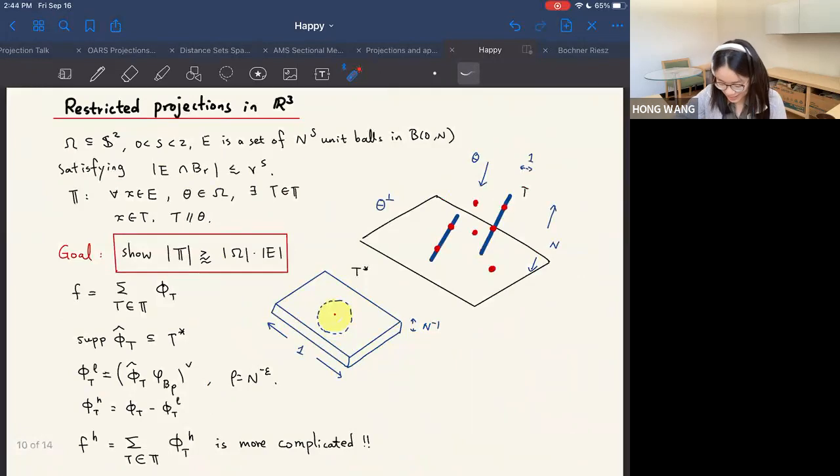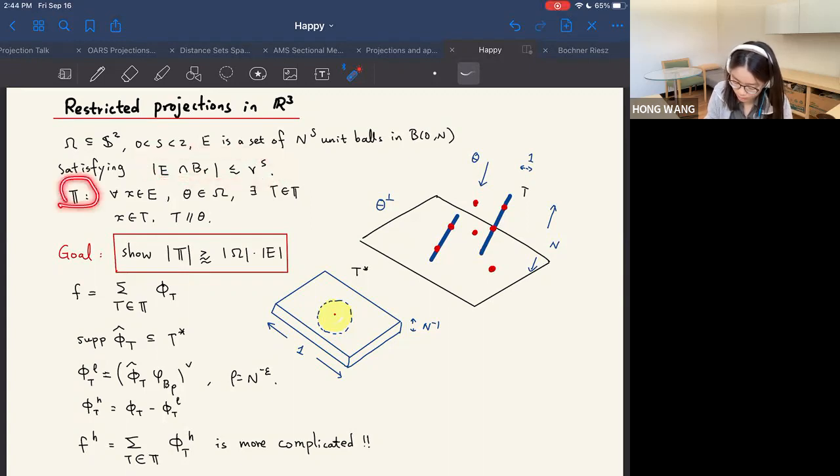Okay, now let's talk about, we have 15 minutes, restricted projections in R3. So we can consider the same setting. Now, for any s between 0 and 2, E is a set of n to the s unit balls, satisfying the ball condition.